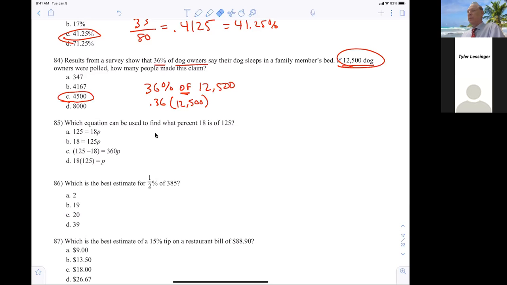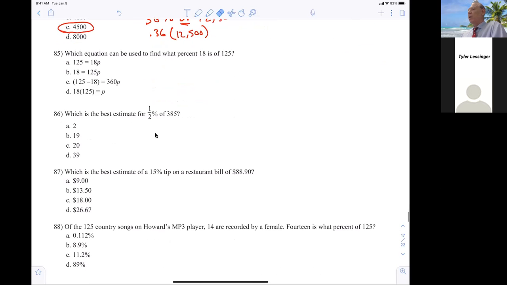All right, 85, here we go. Which equation can be used to find, okay, I like this. What percent, yeah, I kind of made a typo here when I wrote this.